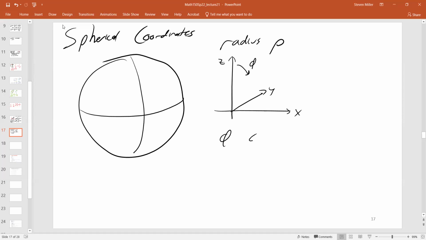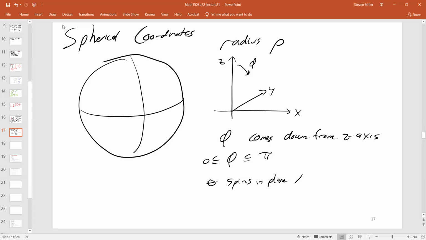So phi comes down from the z-axis, and phi goes from 0 to pi. And then theta spins in a plane parallel to the xy plane. So 0 less than or equal to theta less than or equal to 2 pi.